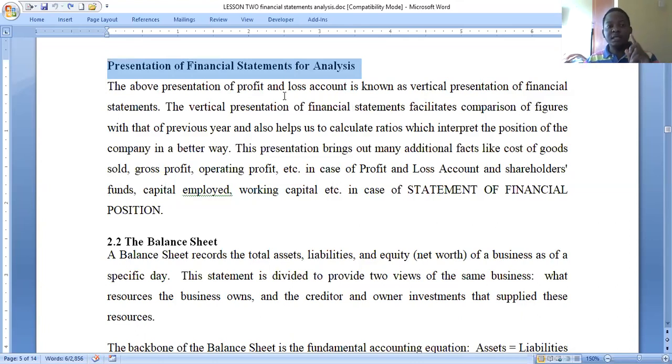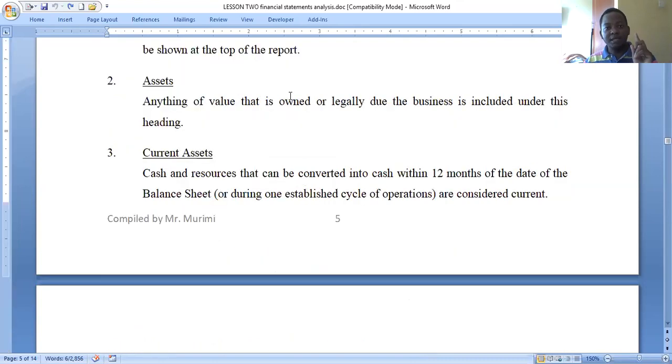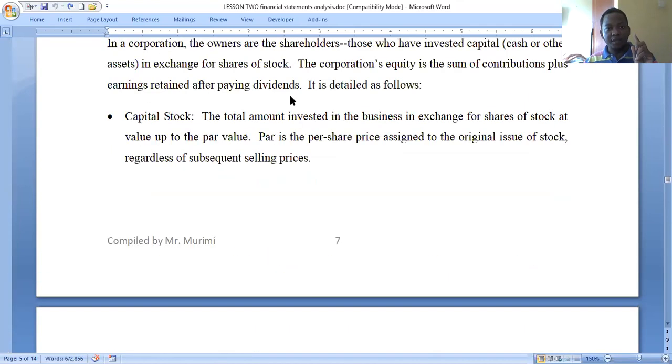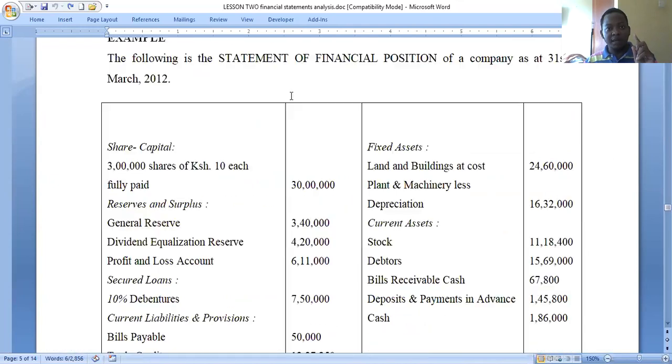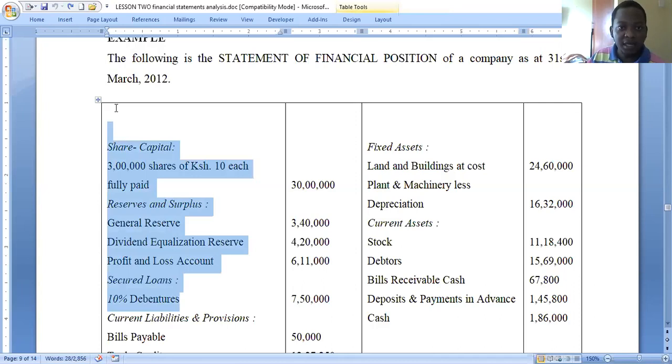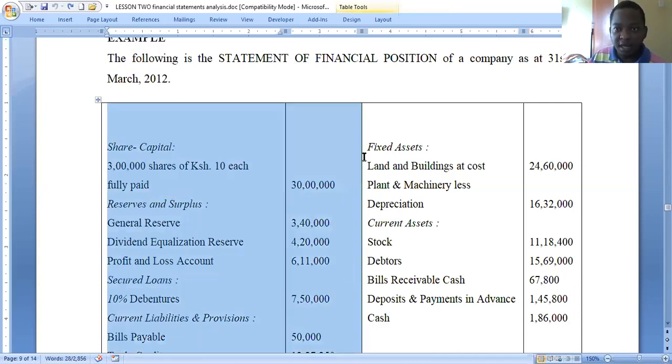Say, for instance, in a balance sheet, I have a balance sheet here. This balance sheet is presented on the horizontal approach. You can actually see that there are two sides, this side and this side.